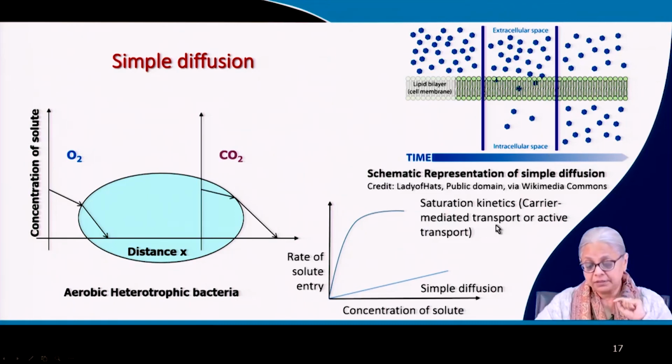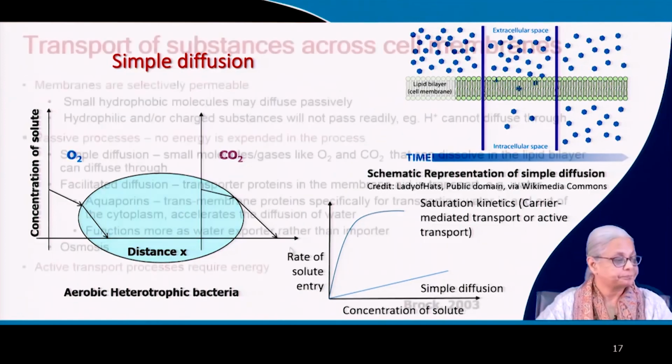So that is carrier mediated transport or active transport, and you can see how high the rate is compared to simple diffusion. Simple diffusion has a very slow and low rate. The carrier mediated transport or active transport, yes, you have to utilize energy for that, but you also get much higher rate of solute entry.